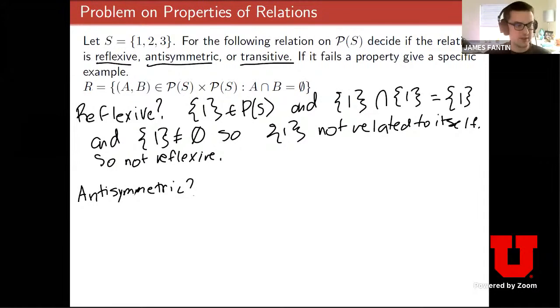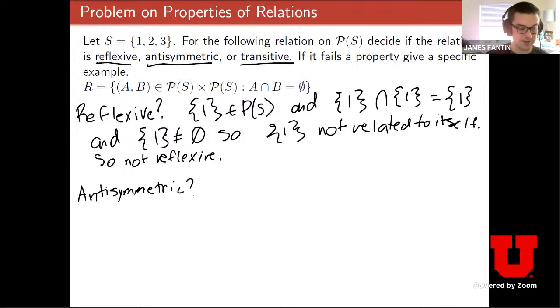Let's type in chat if you think this is or isn't antisymmetric. Okay, so we have some people saying that it's symmetric, so it's not antisymmetric.